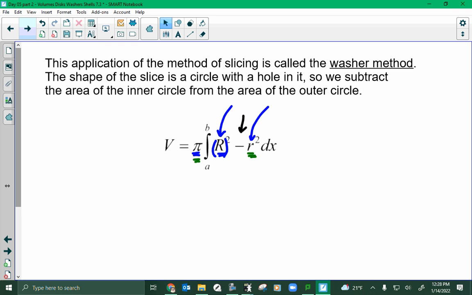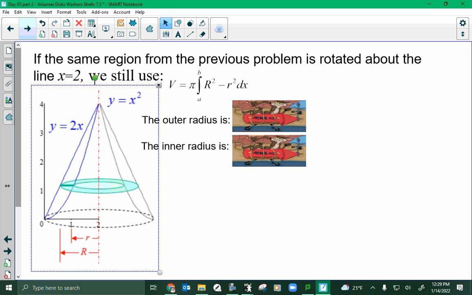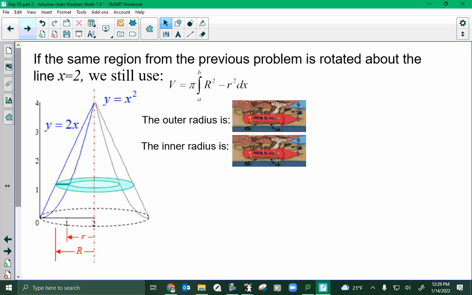All right? Let's try another one that is not necessarily revolved around the x-axis or the y-axis. I know we talked about this a little bit in the last video, but we haven't done one. This one right here is a good one. It's actually the same exact shape, just shifted and flipped.